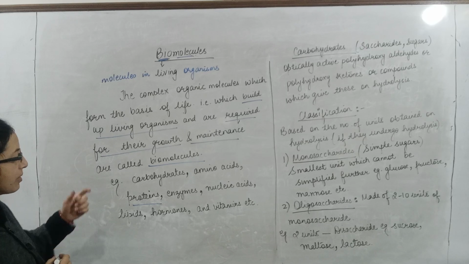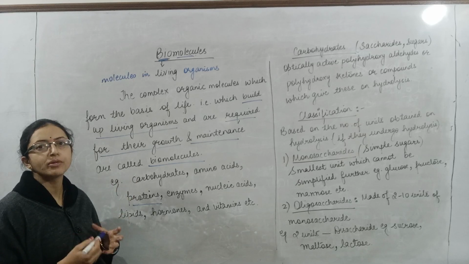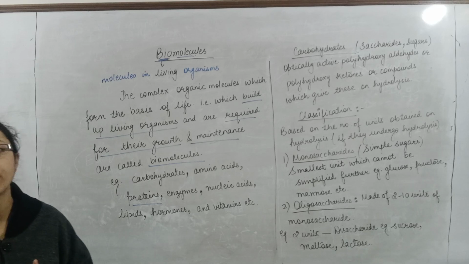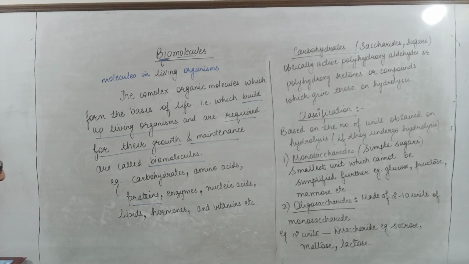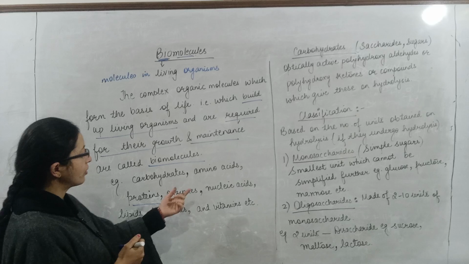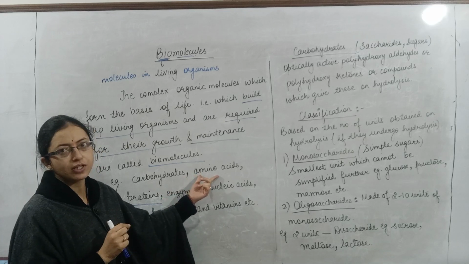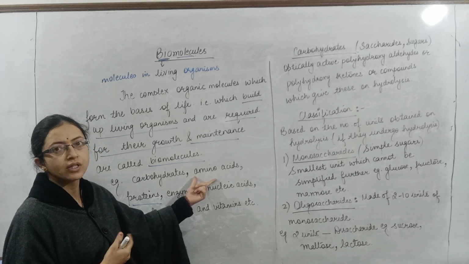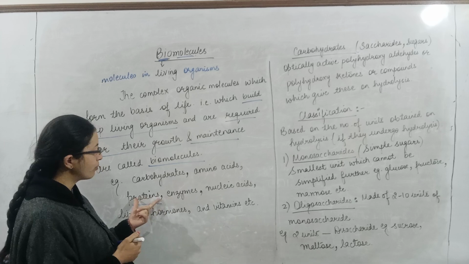Biomolecules. They may be simple or they may polymerize to form large molecules, which we also call as macromolecules. They may be simple like glucose, amino acids. Now these are simple molecules, very small in size, so generally called as micromolecules. And when they polymerize, they form large molecules called as macromolecules like proteins.